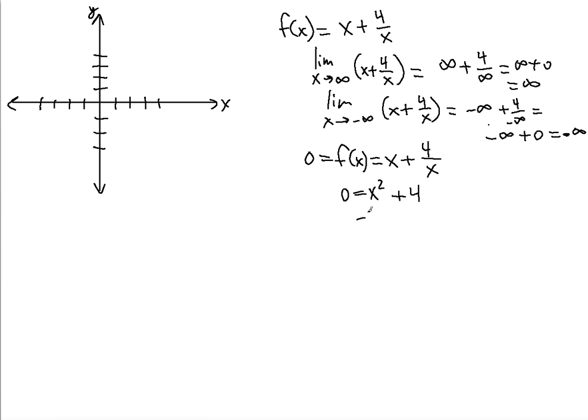So that means -4 = x². And what does that tell you? It's not going to be a real solution, right? Because you cannot take the square root of negative 4 to solve for x. So it means that there are no x-intercepts. So the graph will not touch the x-axis anywhere.